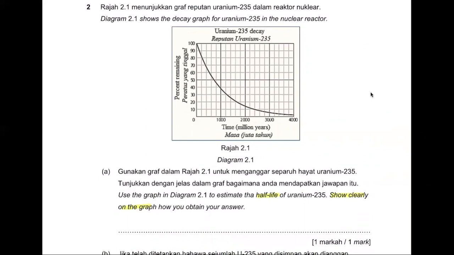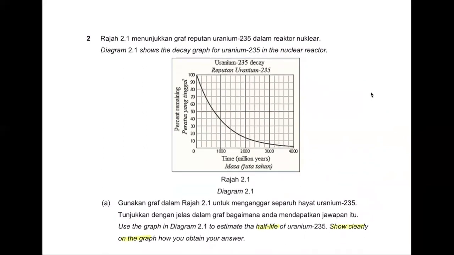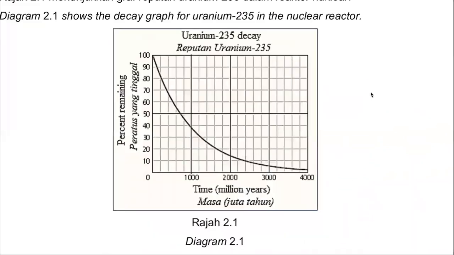So in order for us to determine the value of the half-life, you look first at the initial value. This is the initial value. Half of 100 is 50.